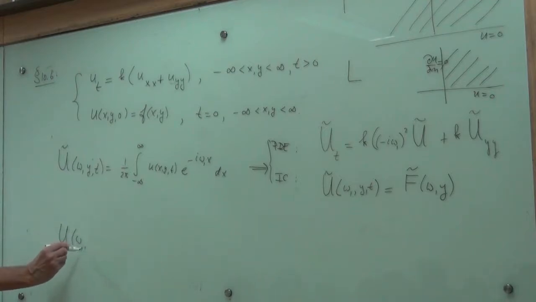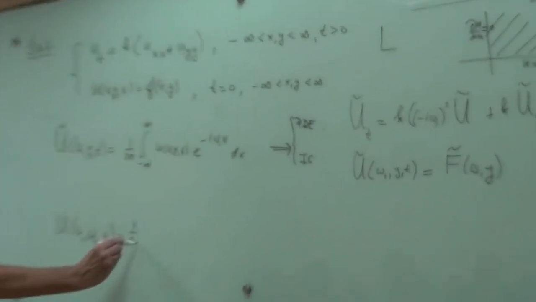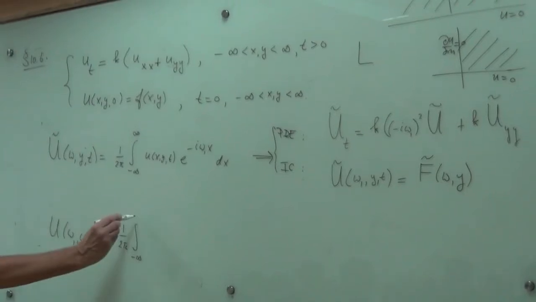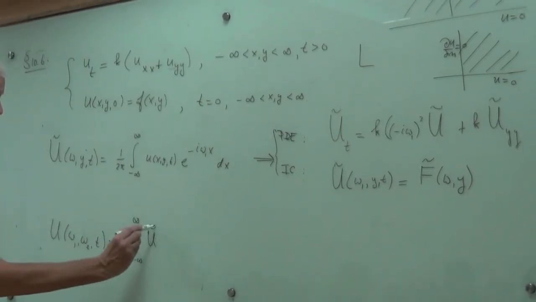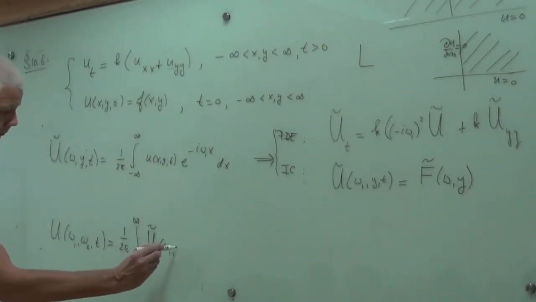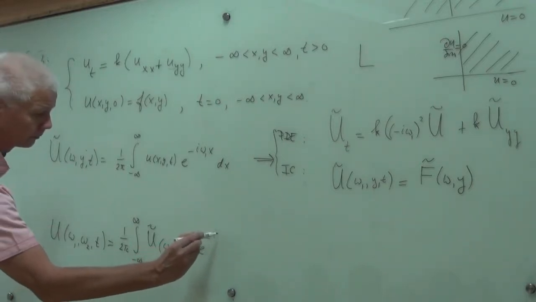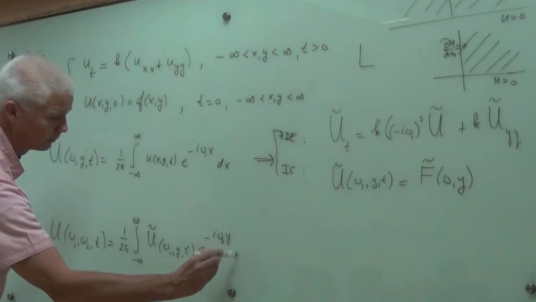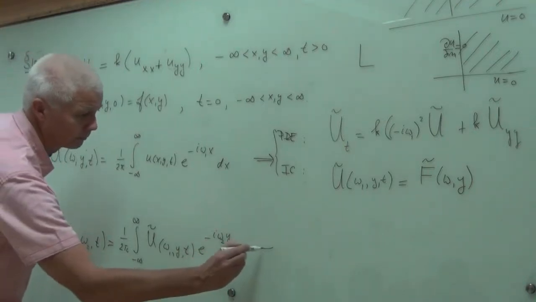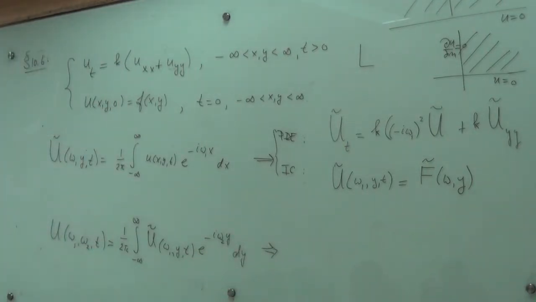U(omega 1, omega 2, t) is 1 over 2 pi, integral from minus infinity to plus infinity, so now I also transform with respect to y.